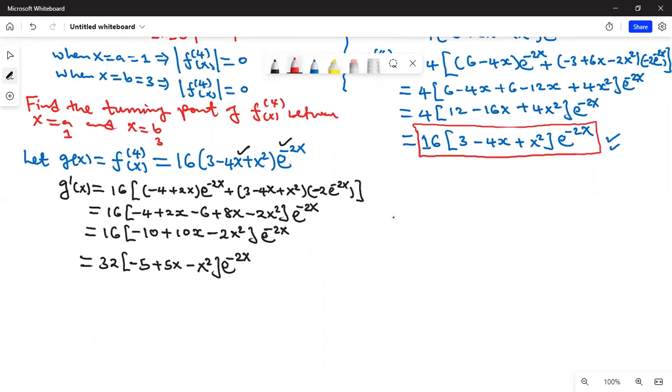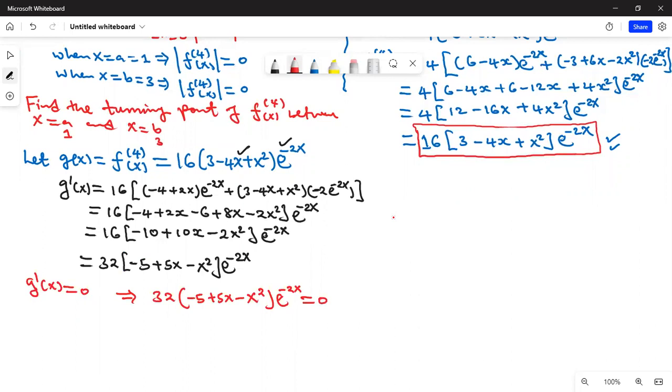So now I need to equate it to 0. This is equal to 0 because g prime of x is equal to 0, and then solve for x. So you write g prime of x is equal to 0. That means 32 times negative 5 plus 5x minus x squared, exponential negative 2x is equal to 0.